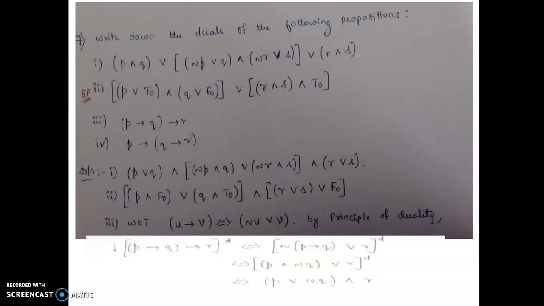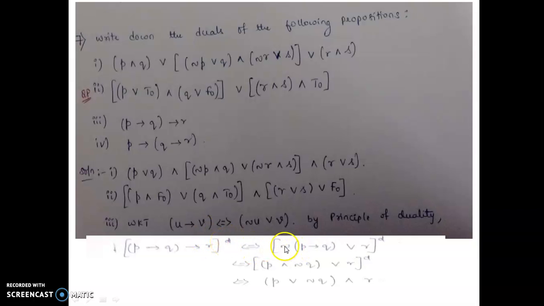And the third one is quite interesting to understand. P conditional Q conditional R. So in this, there is an arrow. We come across the word conditional. If P then Q, and if P, the whole thing has converted to P. If P then R, I can say. Now if P then Q, the given proposition, its dual has to be found out.